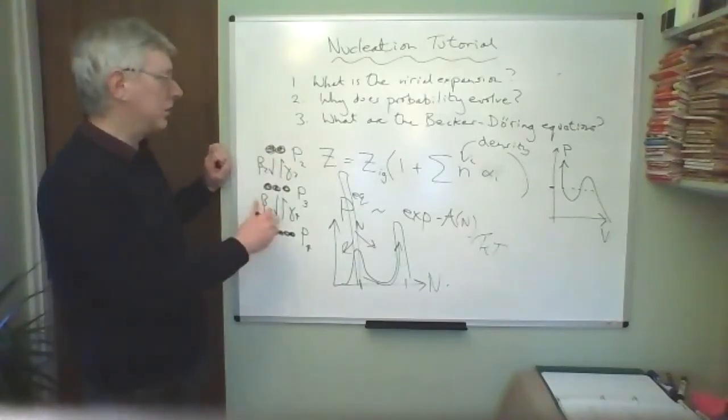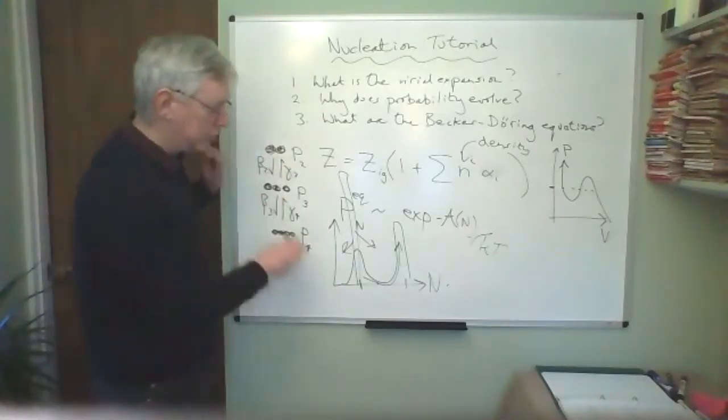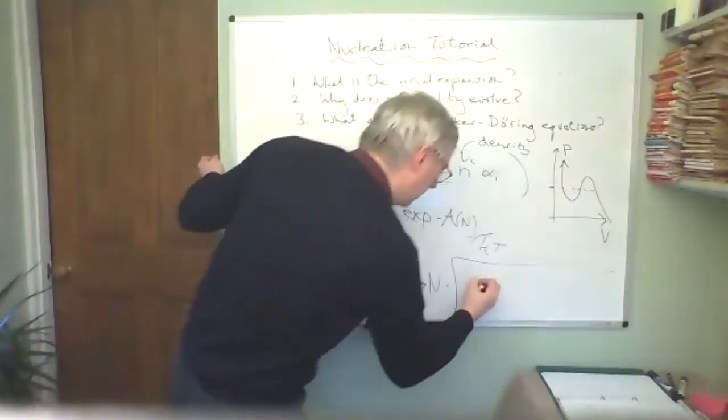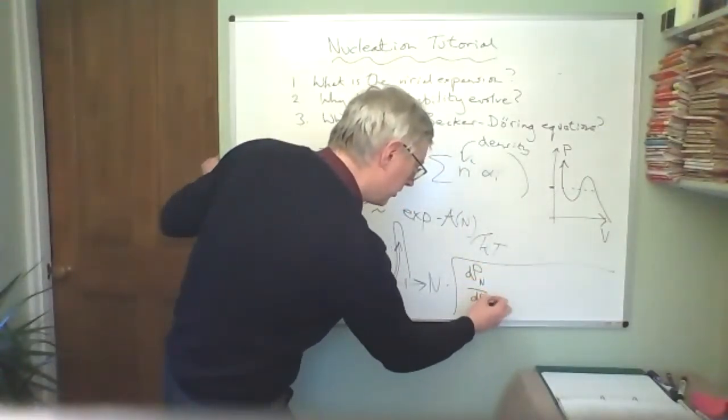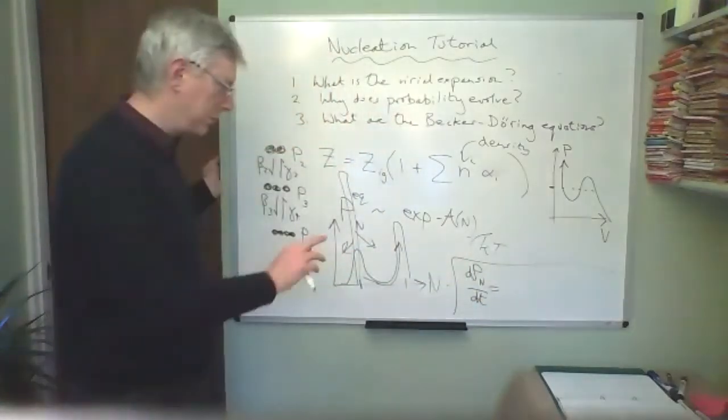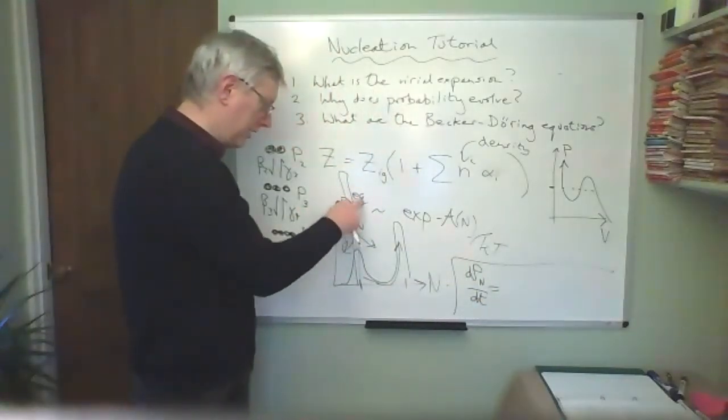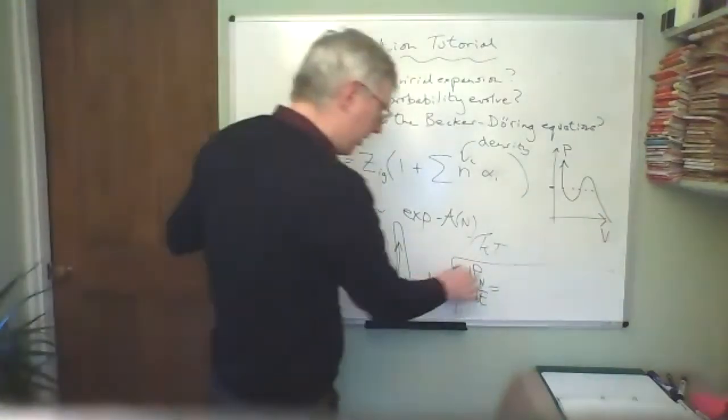And the Becker-Doering equations, if I can squeeze it in somewhere, are that the rates of change of the Pn with respect to time, and these are not equilibrium probabilities, they're not stationary with time, they change with time.